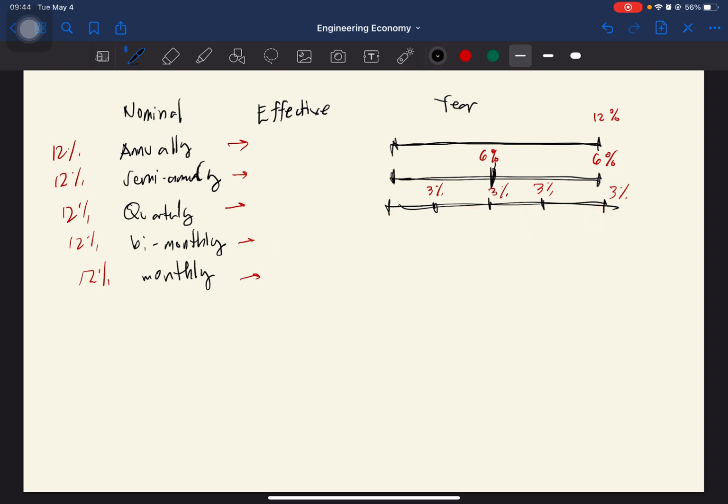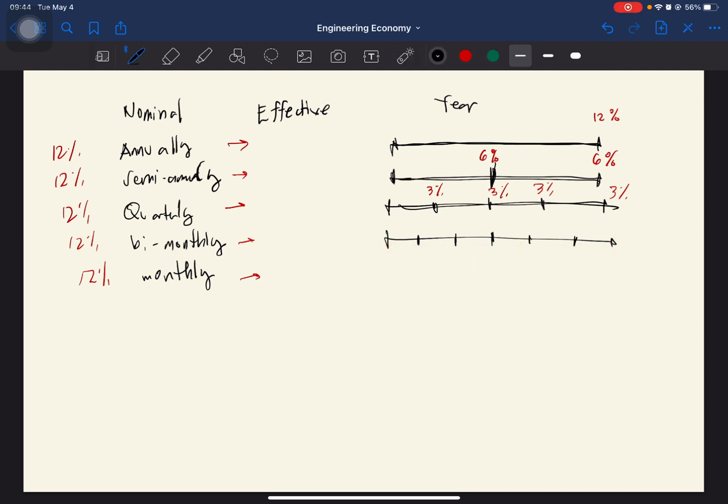For the bi-monthly, since there are 12 months in a year, every 2 months your money is compounded, so 6 times in a year.